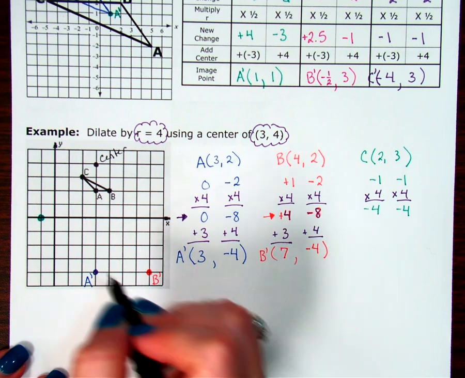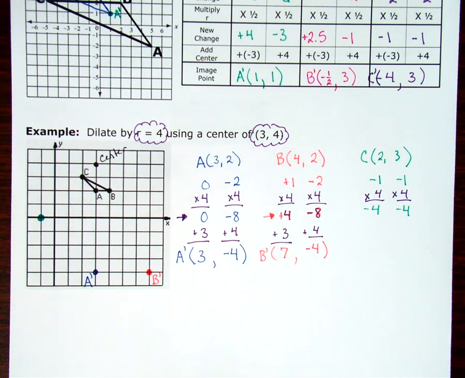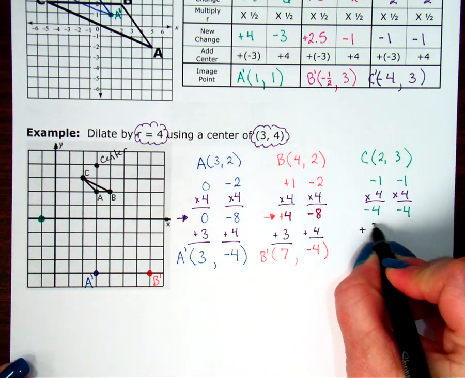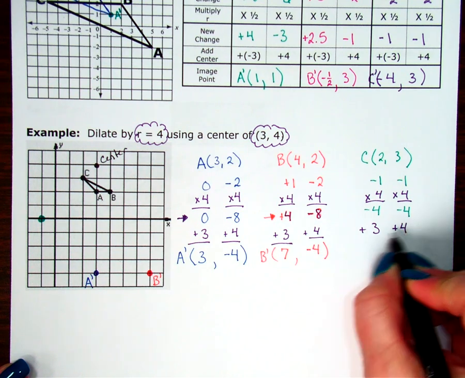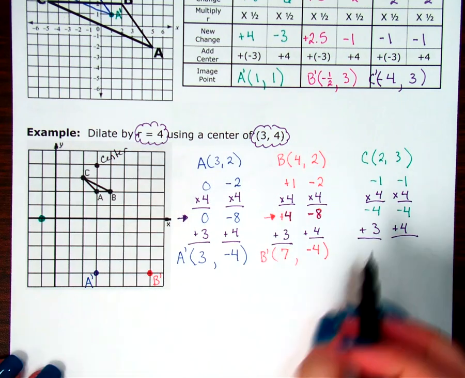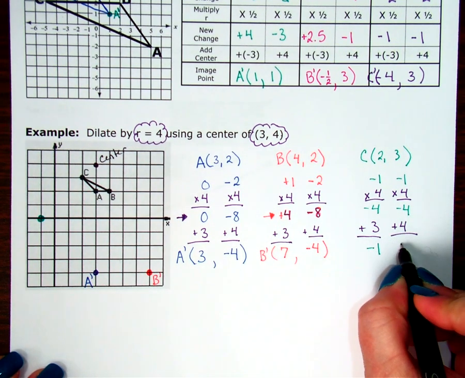To find those actual coordinates, I can just look at the graph now that I've graphed it, or I can add these changes to my center, which is a positive 3 and a positive 4. Negative 4 plus 3 is negative 1. Negative 4 plus 4 is 0.